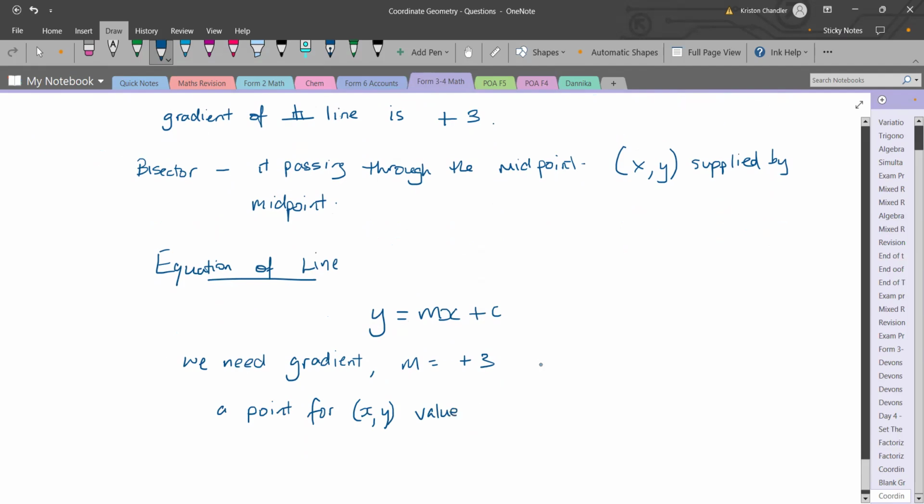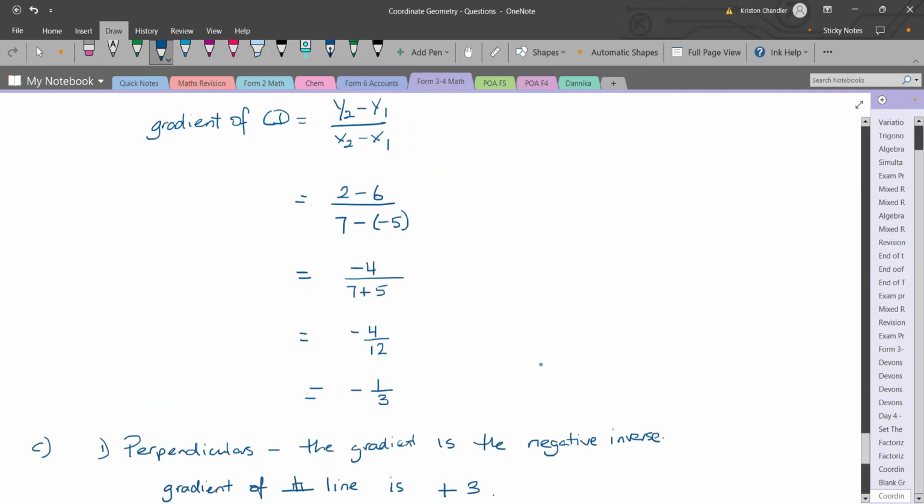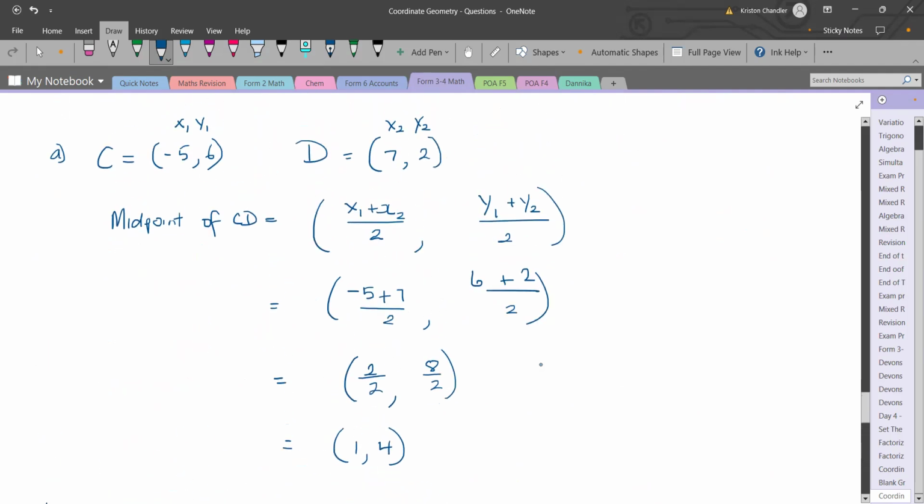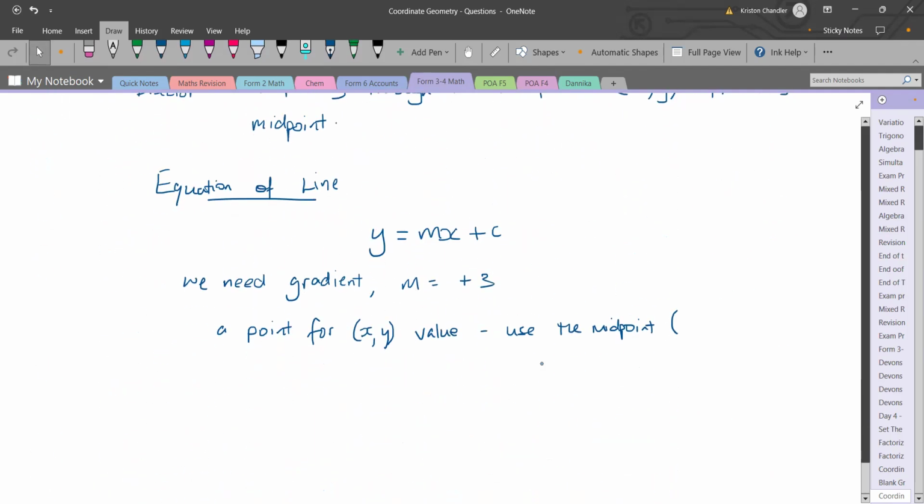The point we're going to be using is the midpoint. Anybody remember what the midpoint was? I think it was 1 and 4. 1 and 4, right? So this is my x value. This is my y value here.